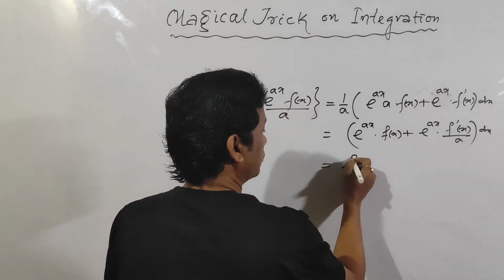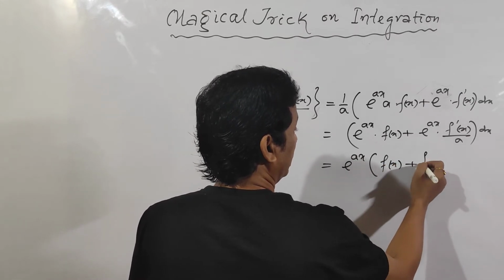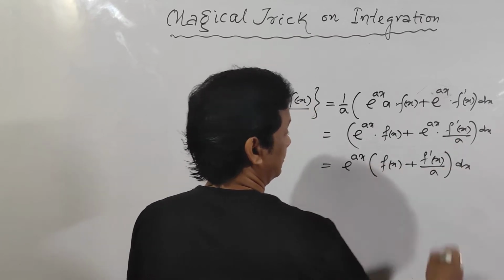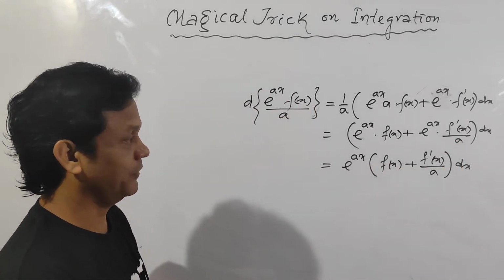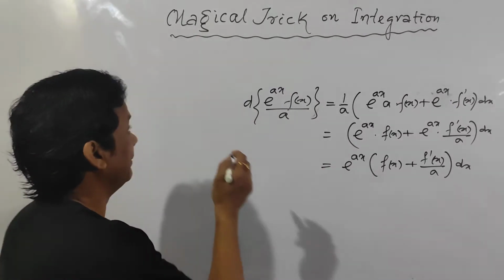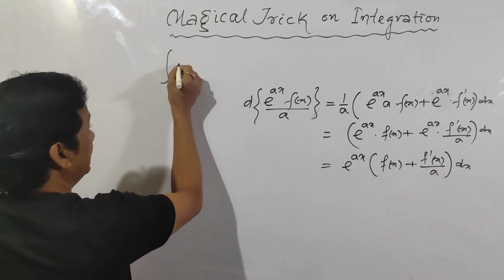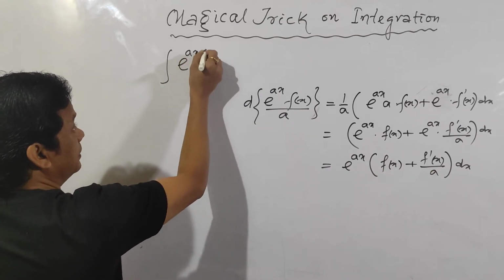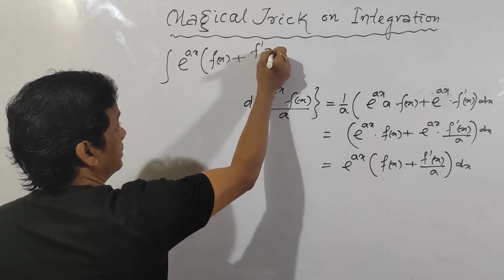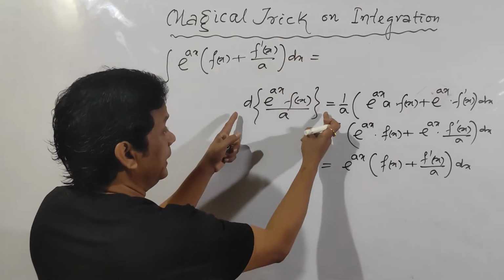And take e to the ax as common. F of x plus f dash x by a whole into dx. Clear? So simply take the integration of both the sides. Now integration of this part will be e to the power ax into f of x plus f dash x by a into dx is equal to integration of this one.